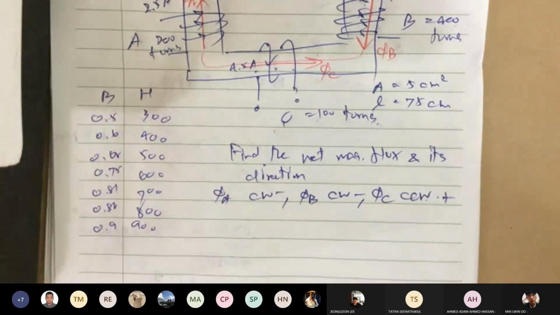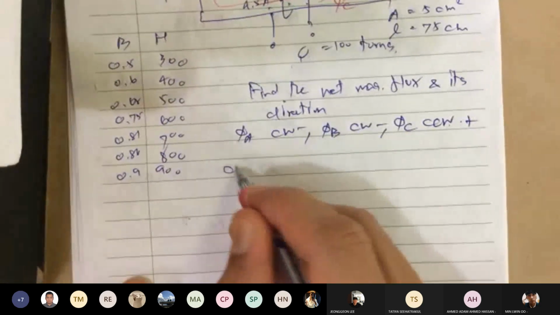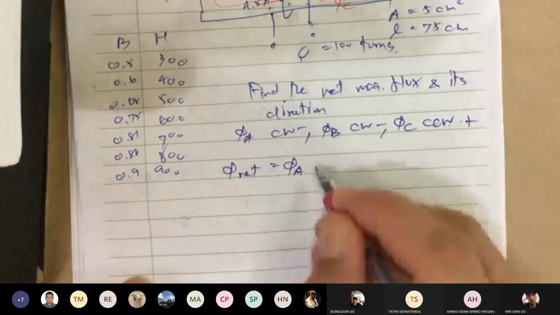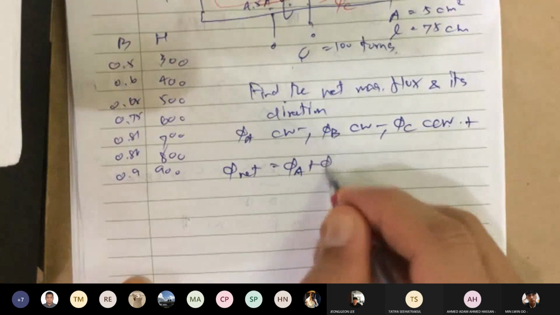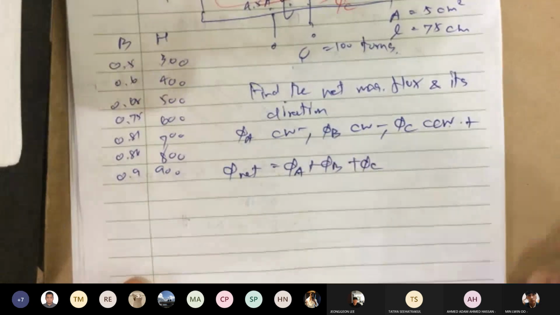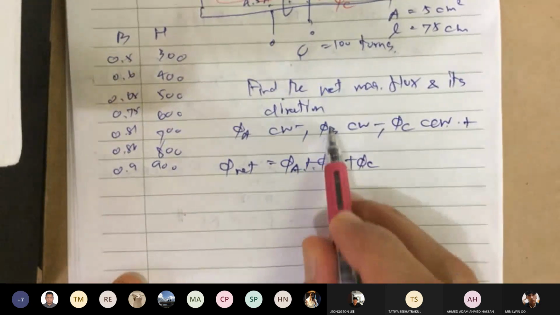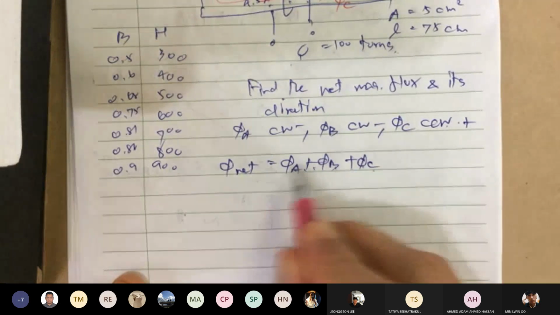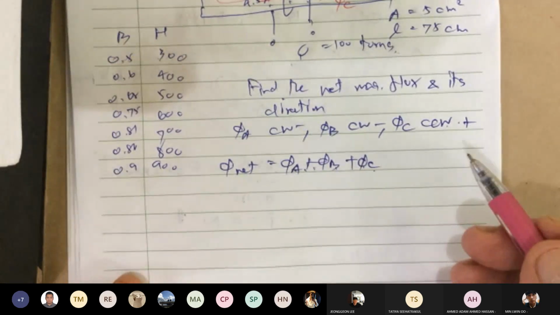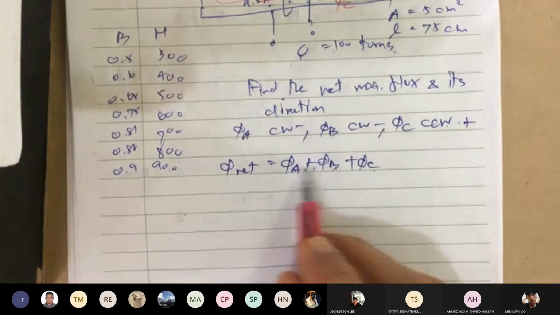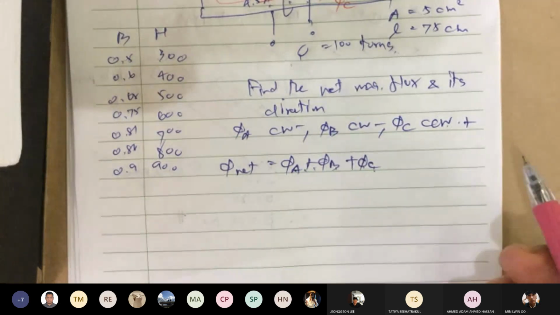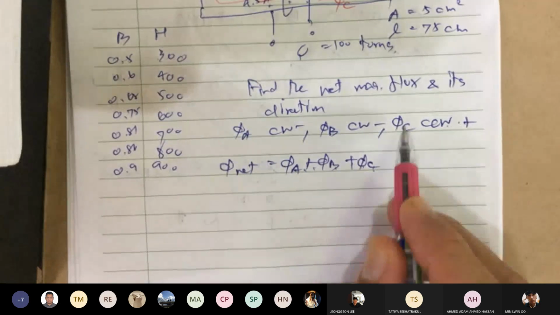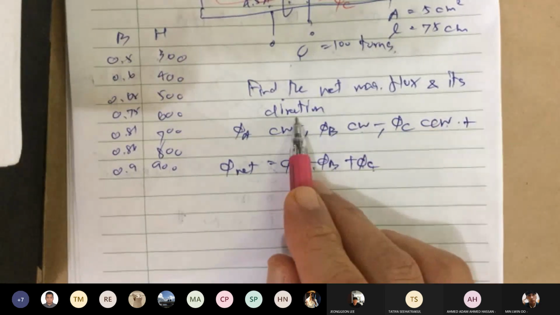So your phi net is the sum of the three: phi A plus phi B plus phi C. But phi A and B have a negative value, phi C has a positive value, so they are canceling each other, deducted from phi C. The resulting phi net would give you the direction of the net flux.